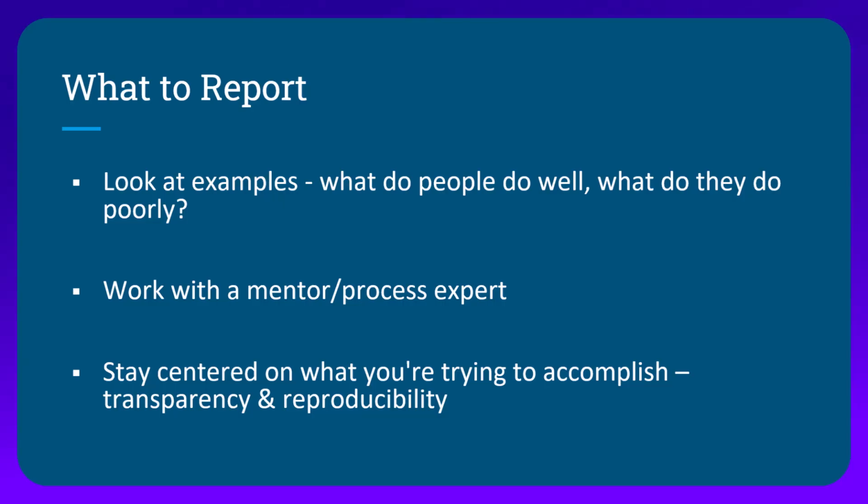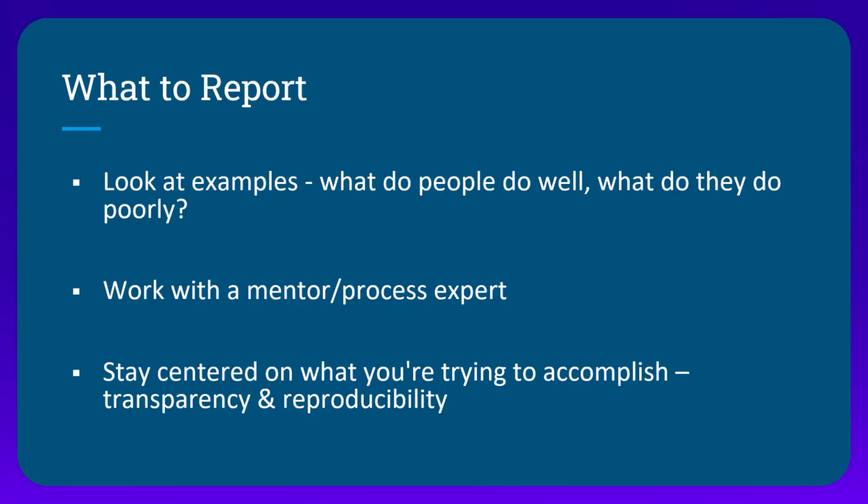In terms of what you need to report, here are some things to consider. Number one, look at examples. Try to find published systematic reviews on topics related to yours in prestigious journals. What did they do well? What could have been done better? Working with a mentor or process expert can be valuable as well.